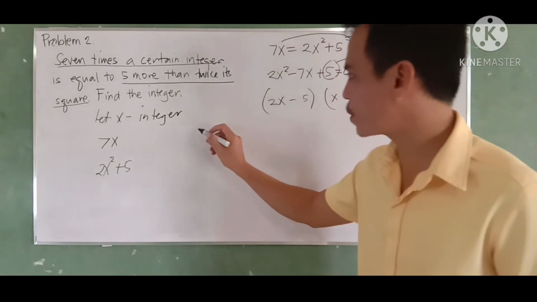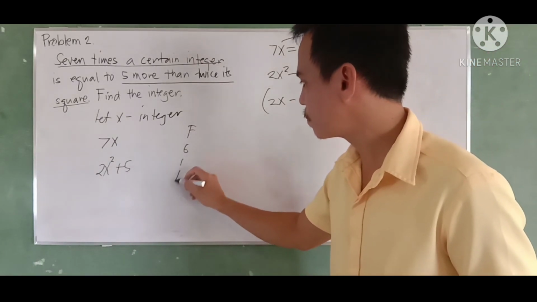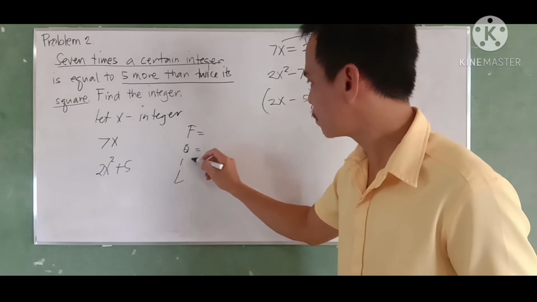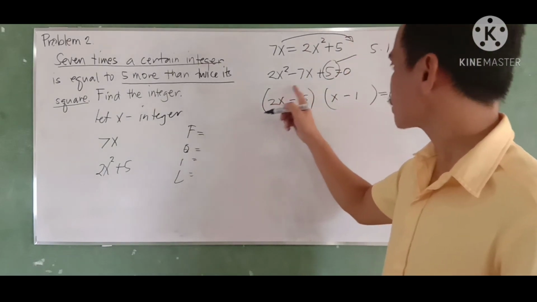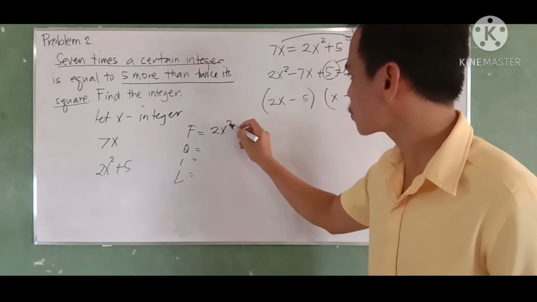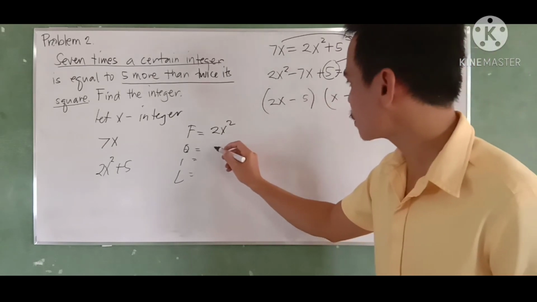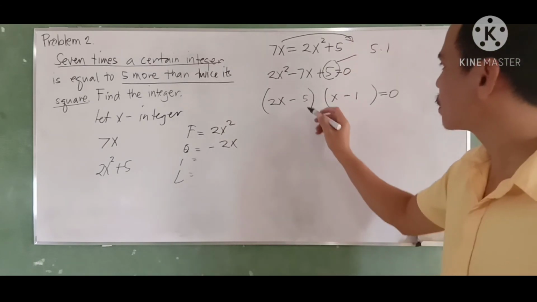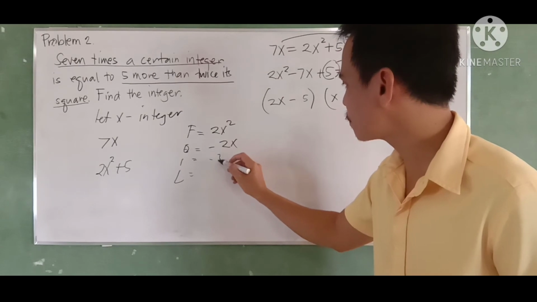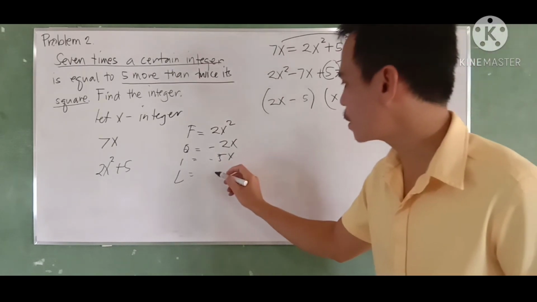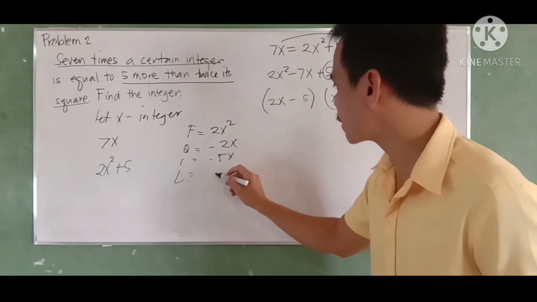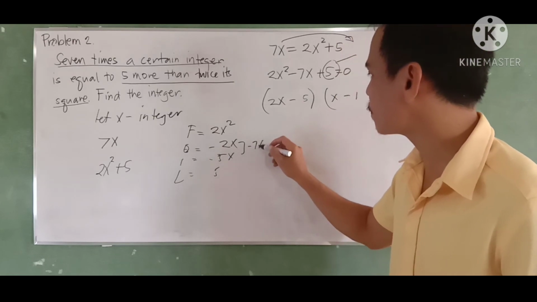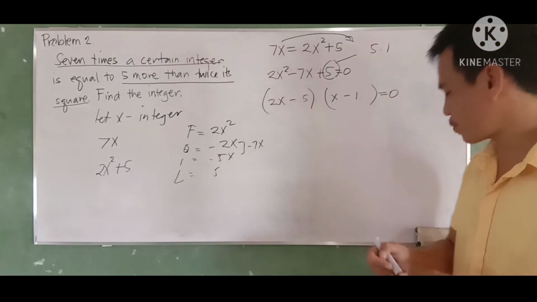Okay, by using FOIL method. So first is 2x squared. Next is negative 2x. Next is negative 5x. And positive 5. So this is negative 7x. So therefore, this is correct.